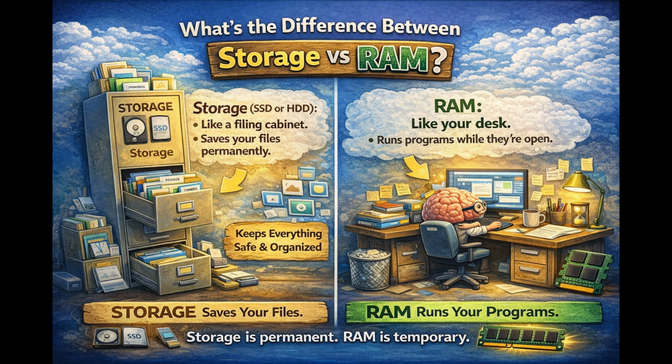Think of it like this: storage is like a filing cabinet, it keeps everything safe and organized. RAM is like your desk, it's where you work on things right now. The bigger your desk, the more tasks you can handle at once.